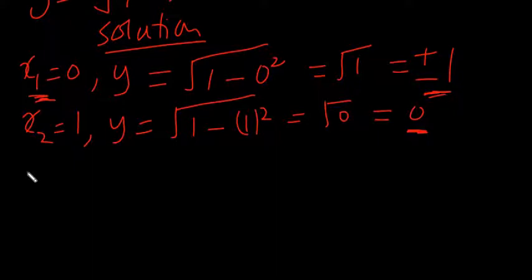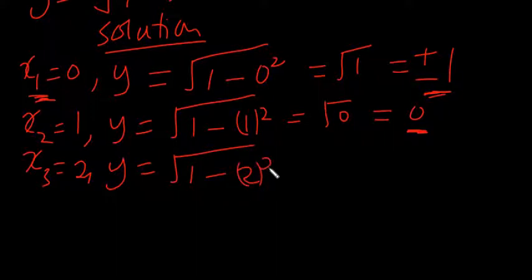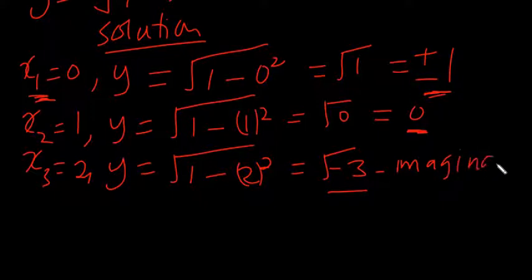Let us look at x3. x3 is equal to 2. Now y is equal to root of 1 minus 2 squared, which is root of negative 3. Root of negative 3 is an imaginary number, meaning that it is not real.